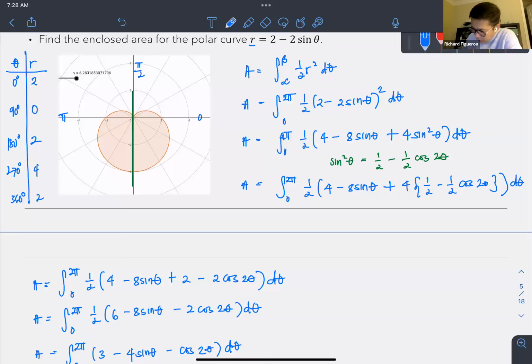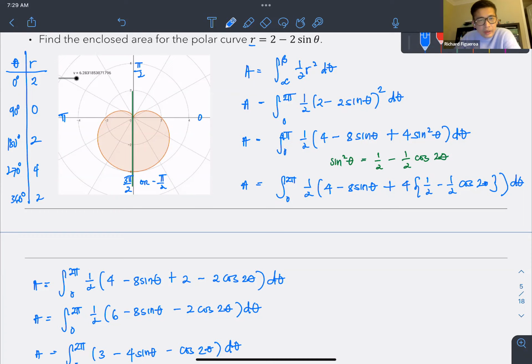This is 3 pi over 2 if it is positive, but if you have it as negative, it can also be negative pi over 2, if it is clockwise.